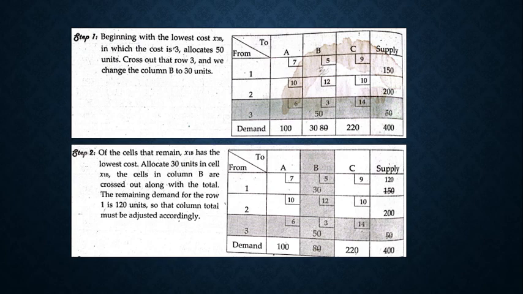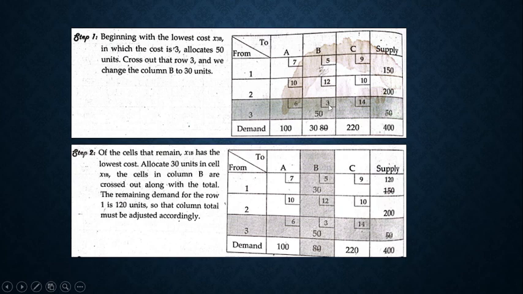Okay, so we need to find the lowest cost. Beginning in the lowest cost, saan yung lowest cost natin, di ba? Yung lowest cost is the x sub 3B, x sub 3 row and under the B column. Yung 3.